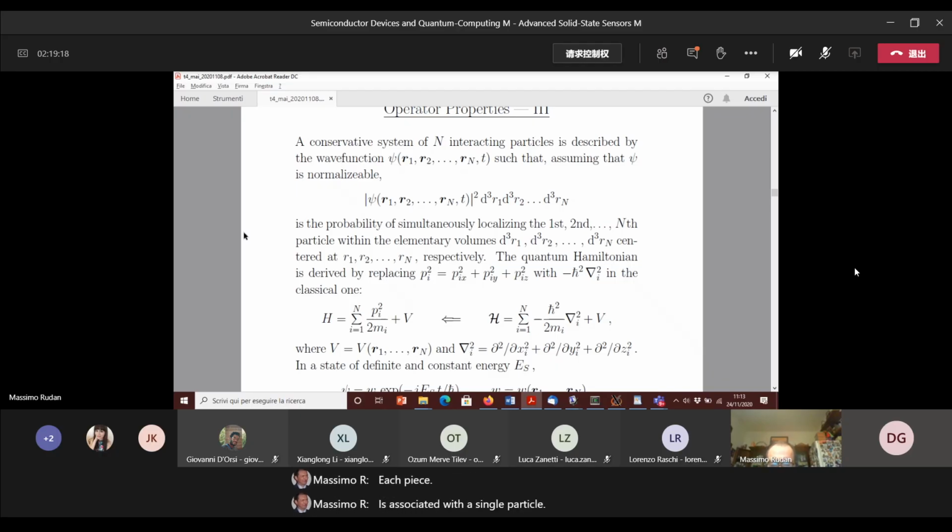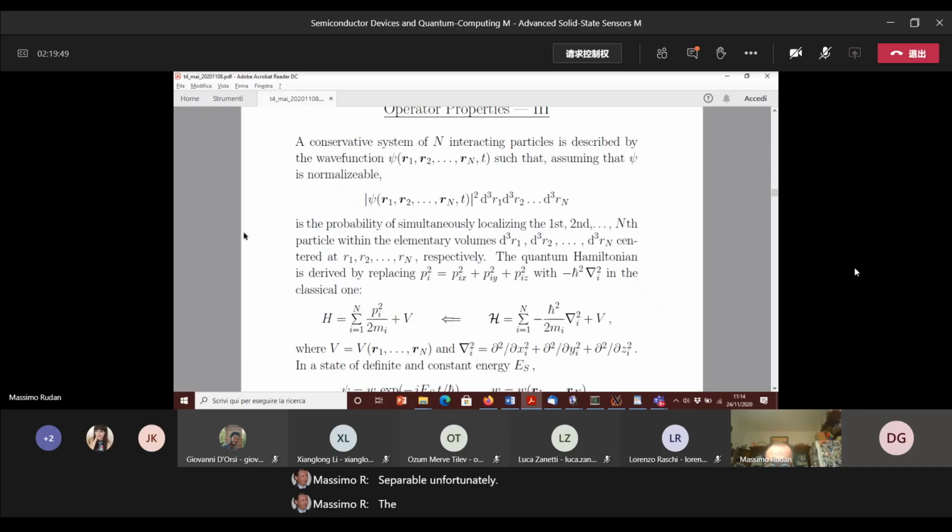So it is first separable with respect to the particles. And then the Laplacian is separable with respect to the components, because it is the second derivative with respect to x1 plus the second derivative with respect to x2 and so on. So the kinetic part is always separable.